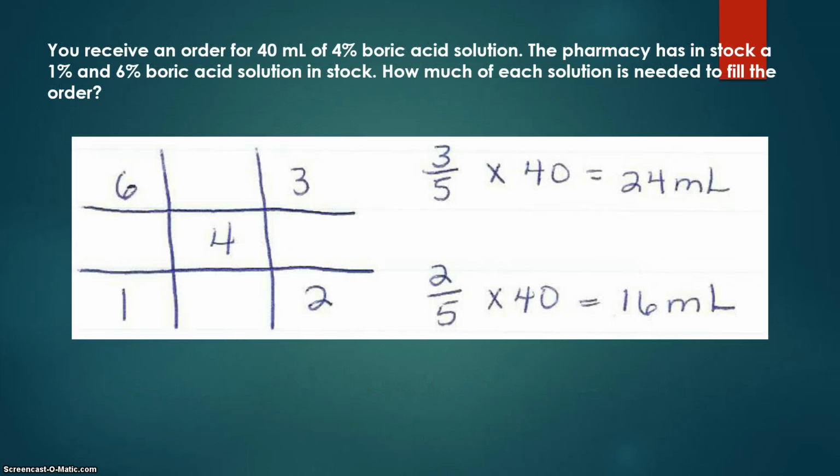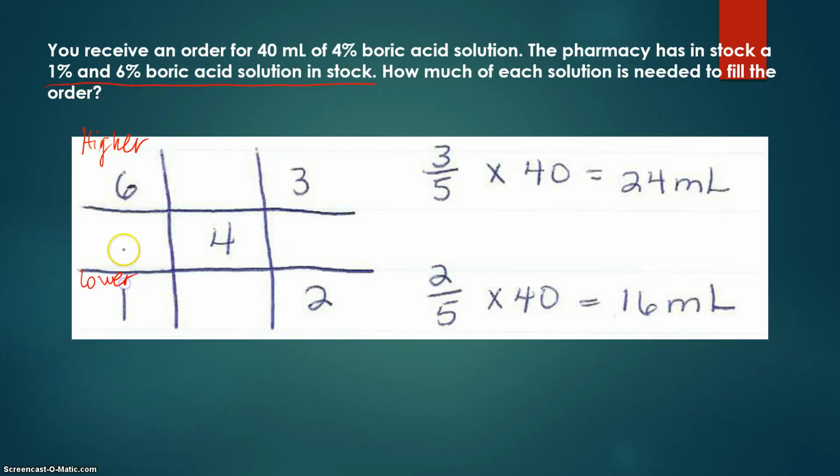All right, let's go on to the next example. So the next example says you receive an order for 40 mLs of 4% boric acid solution. The pharmacy has in stock a 1% and 6% boric acid solution. How much of each solution is needed to fill the order? So remember, we start off with the higher that we have in stock and the lower.